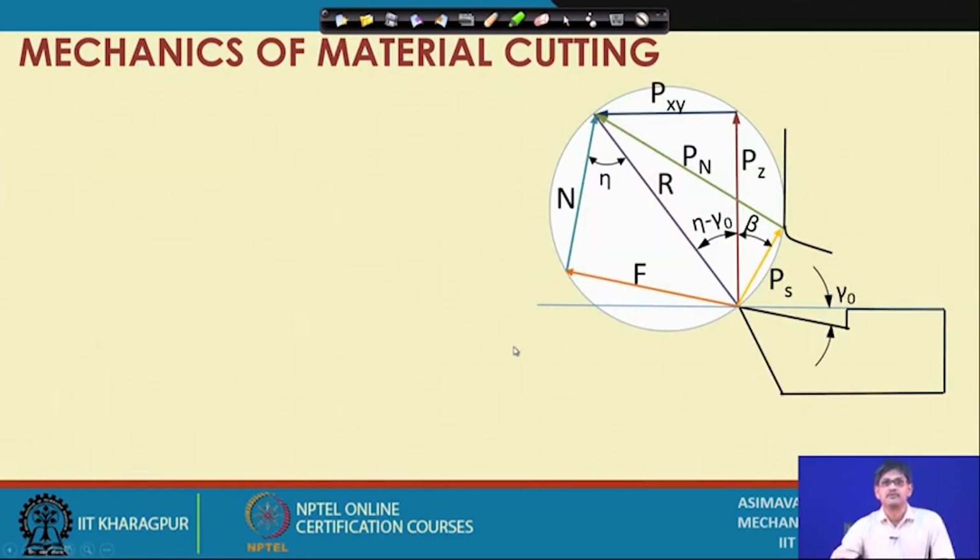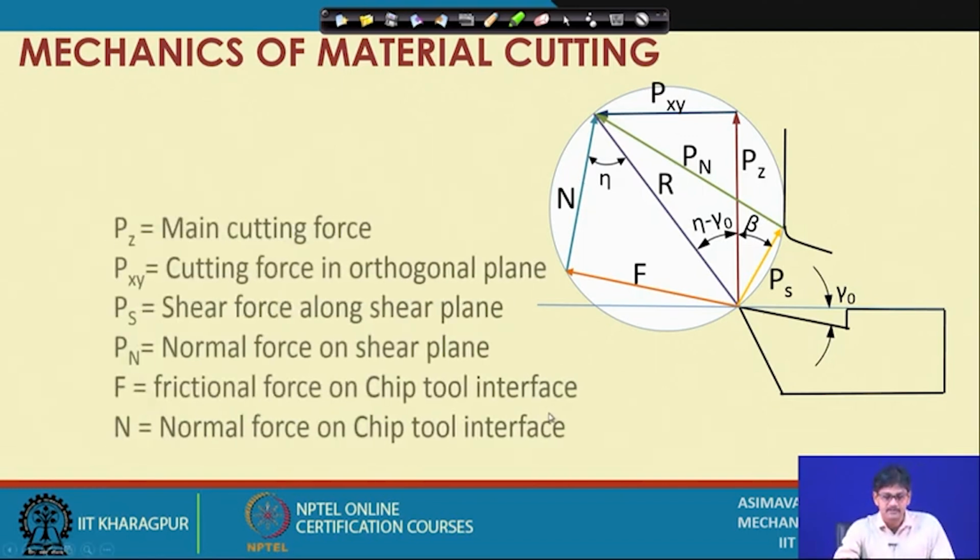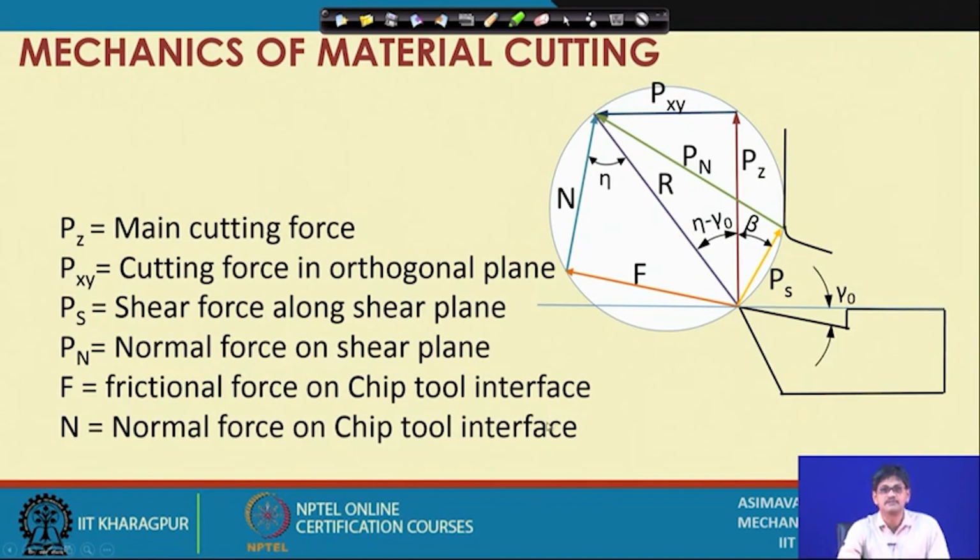let us come to the different relationships which now exist for the resultant forces on the cutting tool. What do we mean by the resultant forces on the cutting tool? On the cutting tool, the forces which are being applied by the chip are normal force and frictional force. We can break them up into such components.